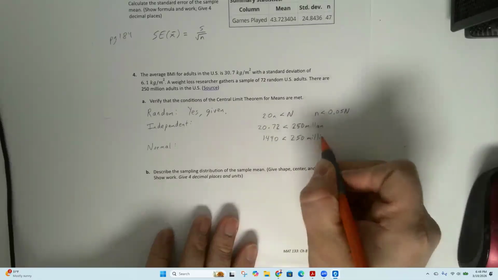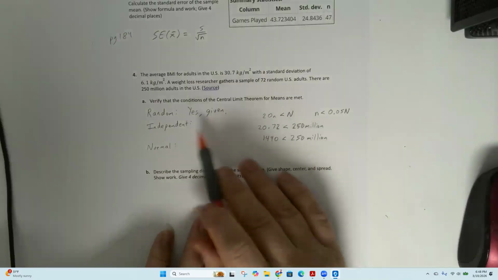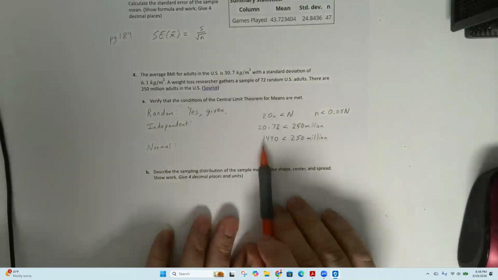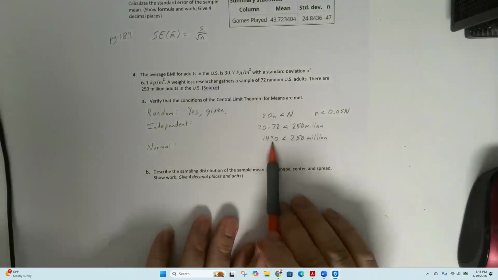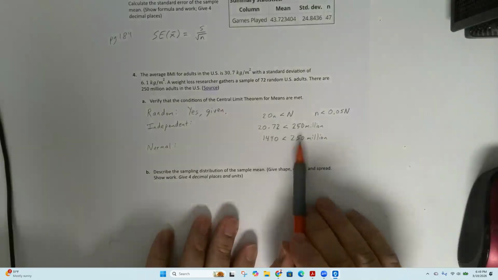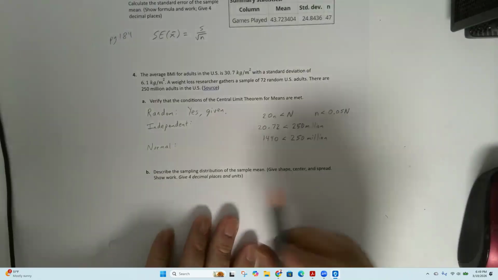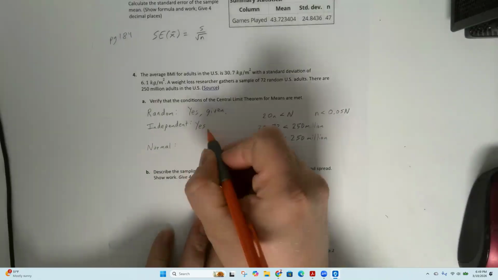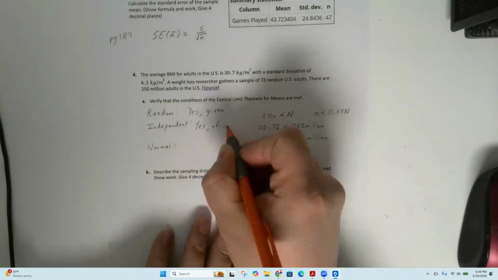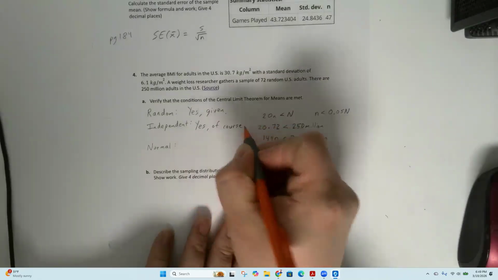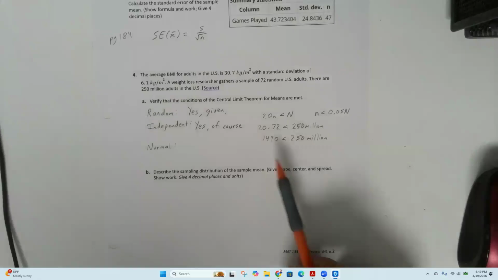In order to satisfy the independent condition, 1440, is that less than 250 million? Yes, it's way less, right? This is usually not a problem.